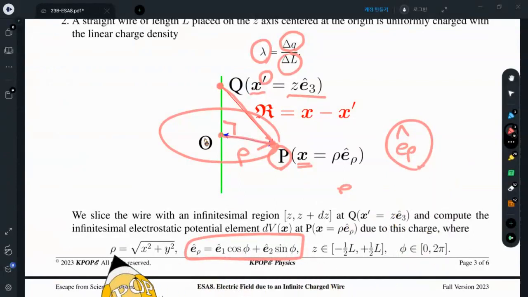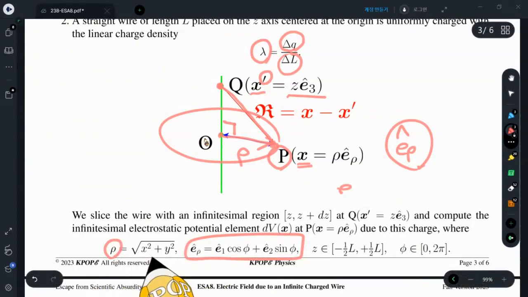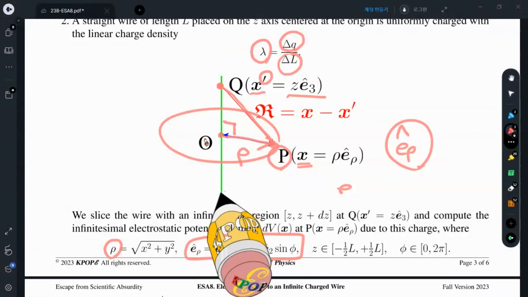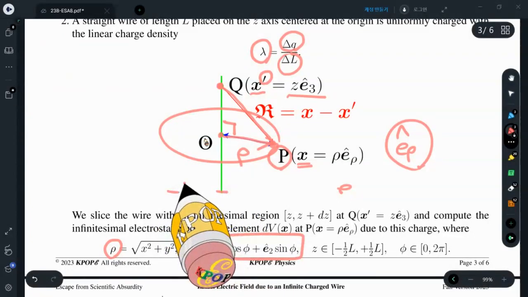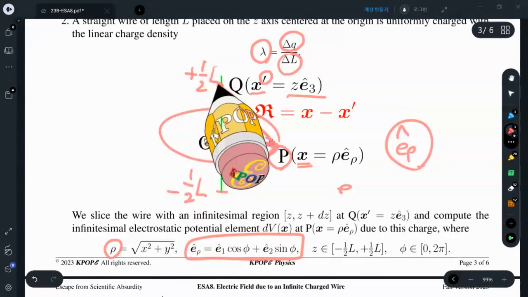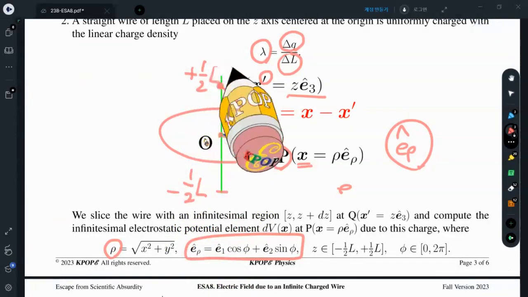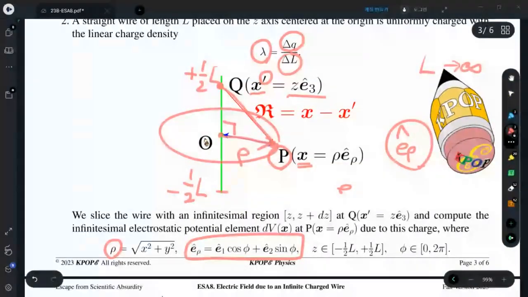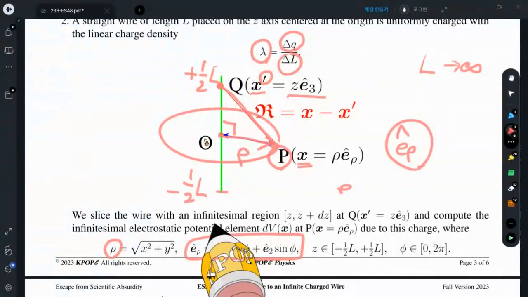Using Cartesian coordinates, rho is the square root of x squared plus y squared. We would like to collect the electrostatic potential and integrate it over the length from minus one half of L to plus one half of L. Later we will increase the parameter L to infinity to find the electric field produced by the infinite wire.